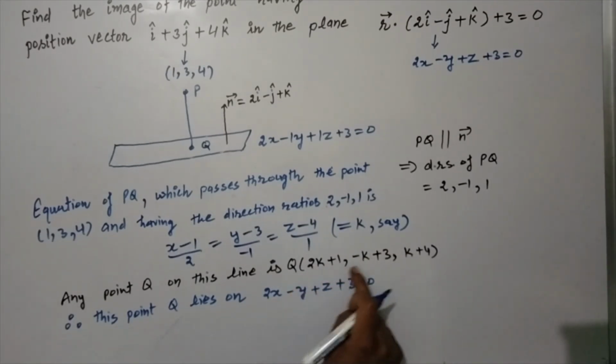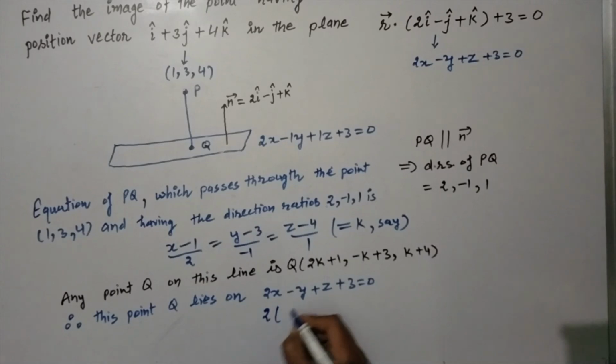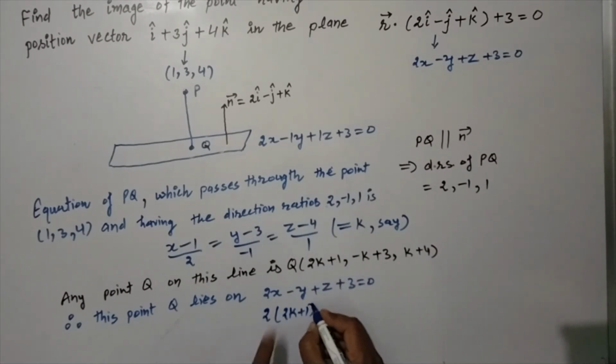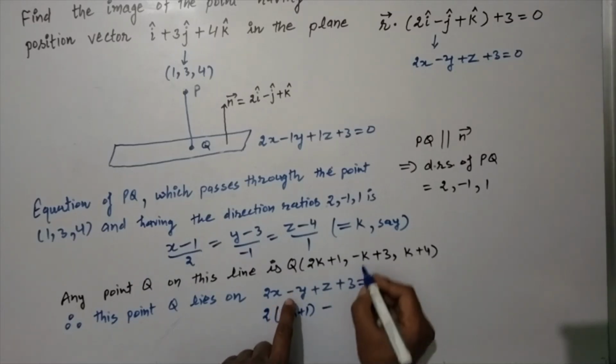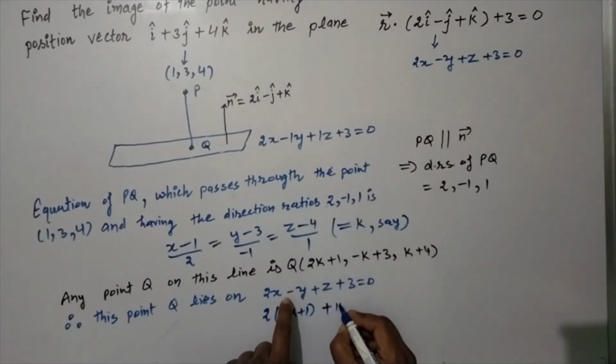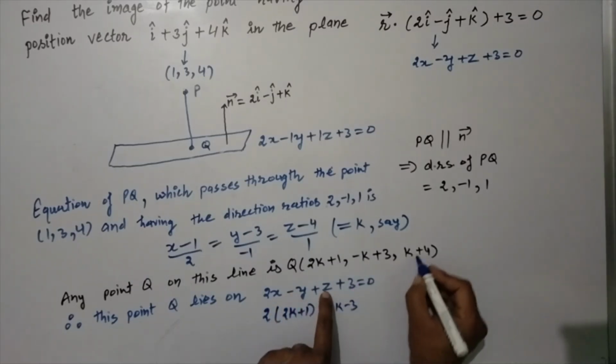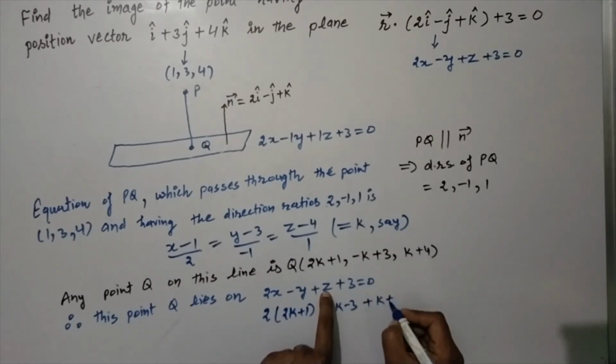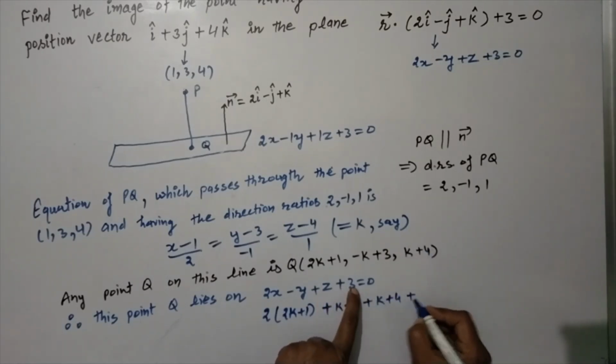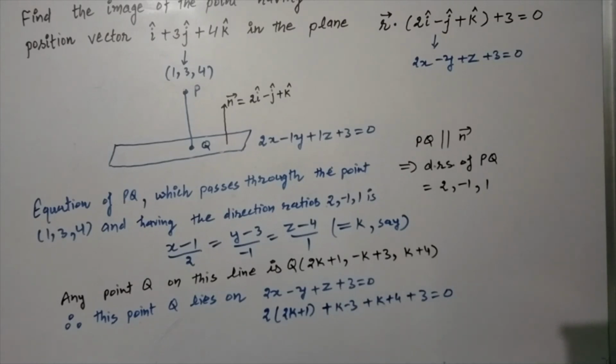Now what we do, we substitute the values of x, y and z. 2 into (2k plus 1), minus y, meaning minus (minus k plus 3), plus z, meaning plus (k plus 4), plus 3 is equal to 0.